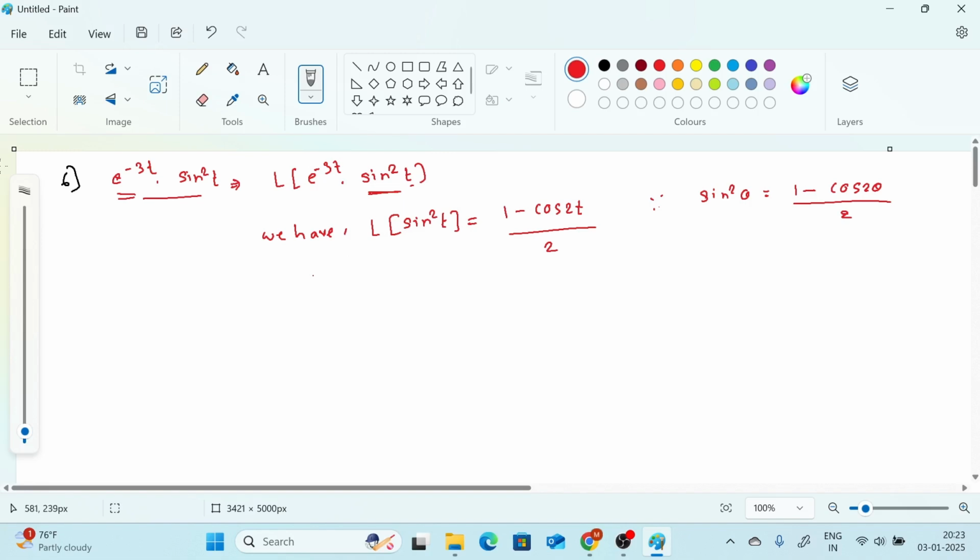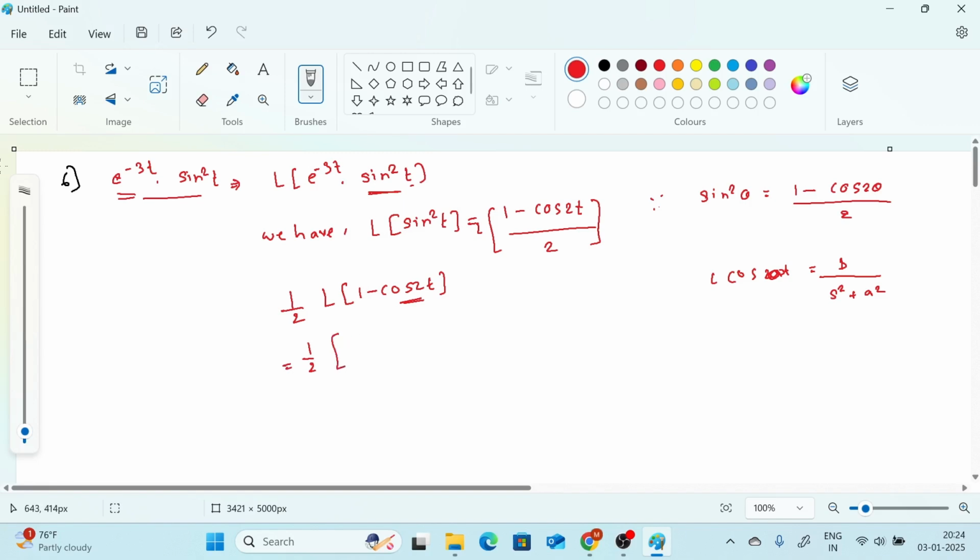Now what we need to do: I will take 1 by 2 as a constant outside, Laplace of 1 minus cos of 2t. We know the Laplace of cos 2t is s upon s square plus 2 square.